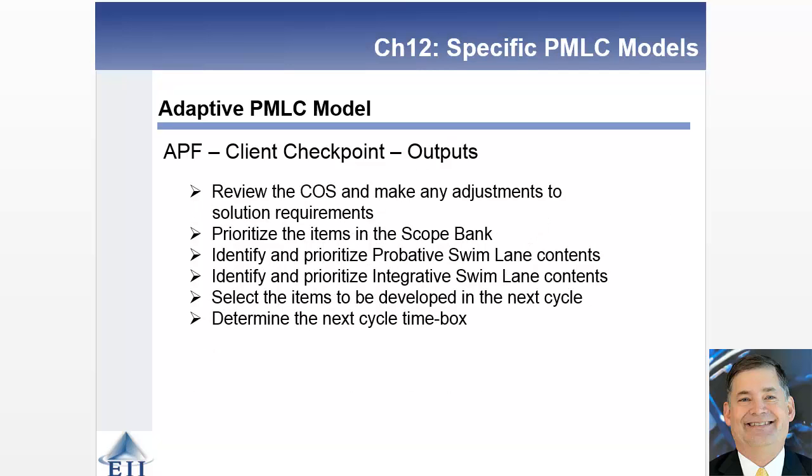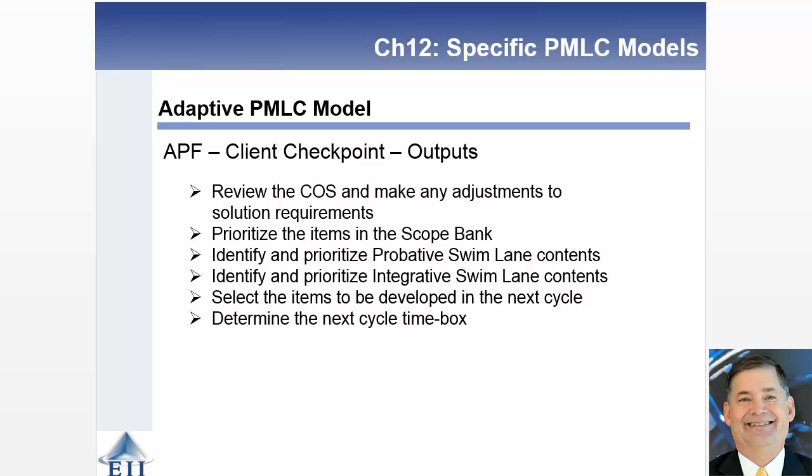The outputs from this should be a review of your conditions of satisfaction and then make some adjustments to what requirements you now have for a solution based on what you've learned, because again, you're learning a lot as you're going through this adaptive project management life cycle.